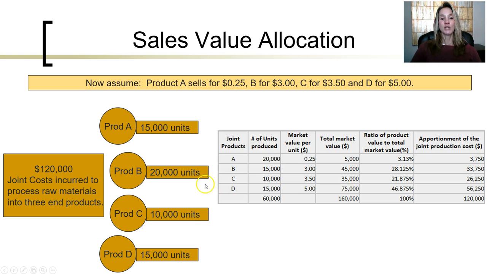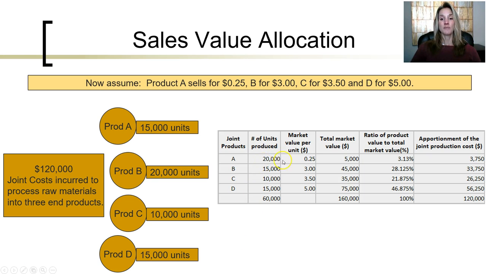This is the number of units produced of each product. We know that we can sell each of these units of product A for 25 cents a piece. Product B can be sold for $3 a piece. Product C for $3.50 a piece. And product D for $5 a piece. So let's figure out what the total sales value is of each product.